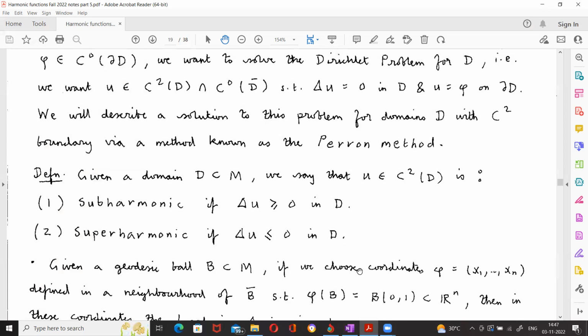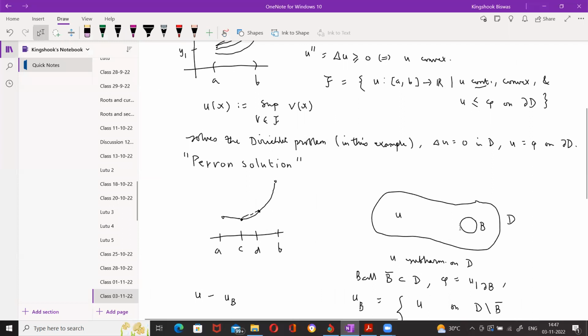Now, since I was talking about this harmonic lifting, the harmonic lifting needs the solution of the Dirichlet problem for a ball, right? For a geodesic ball in a Riemannian manifold, we can always identify it with a ball in Rn, via coordinates, let's say normal coordinates or any coordinates.